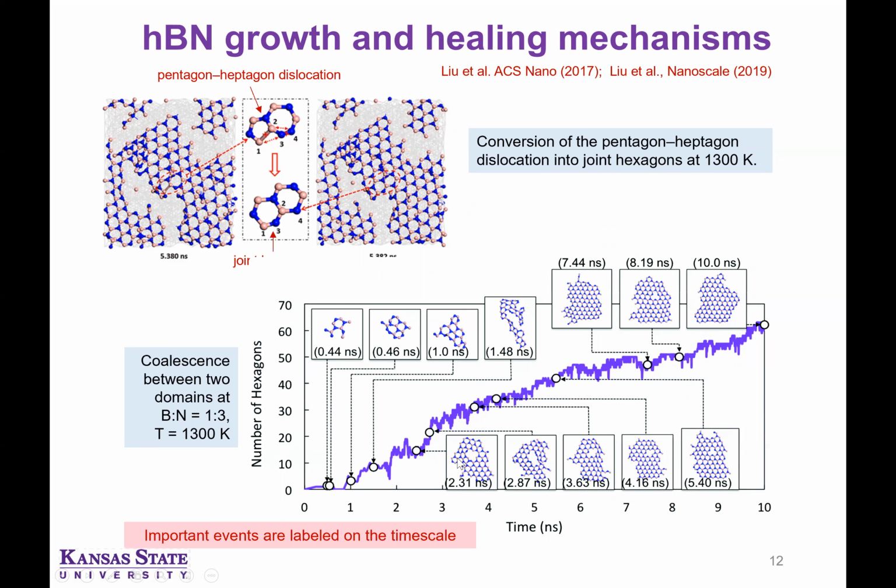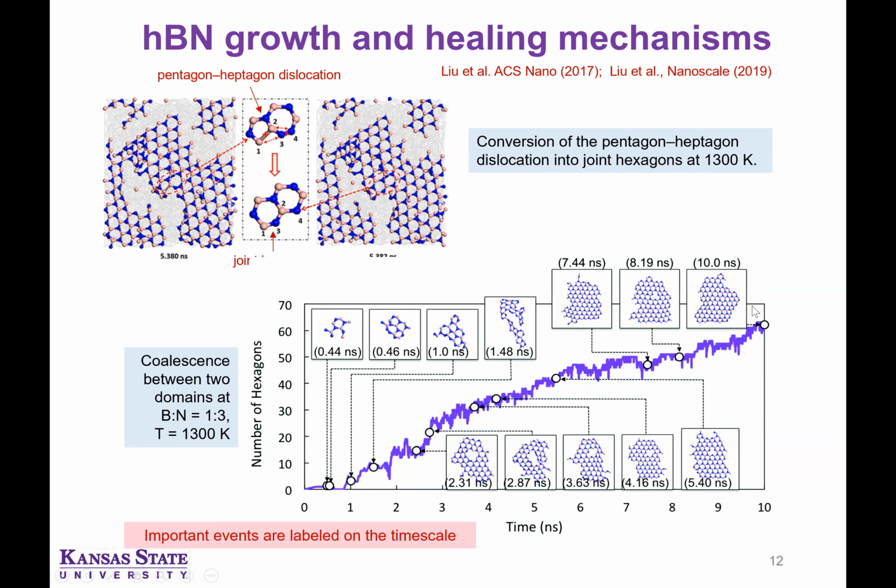In this case, it left behind a rather large vacancy site in the middle. However, this vacancy site also evolves in the next few nanoseconds. As you can see, it allows the nitrogen and the boron to access the vacancy site and eventually fill this site. We also observe that typically when we increase the nitrogen ratio, the size of the domain becomes larger.